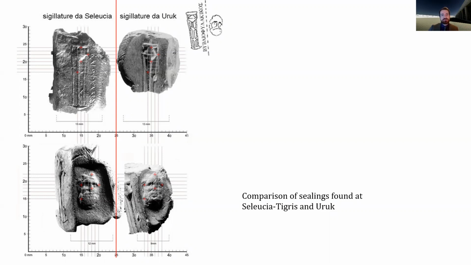So this tells us about trade and administration across Mesopotamia, to where if it's the same seal, it's the same person making those seals. So it gives us a view into the inner workings of the administration as to where documents and goods were traveling between Uruk and Seleucia on the Tigris.